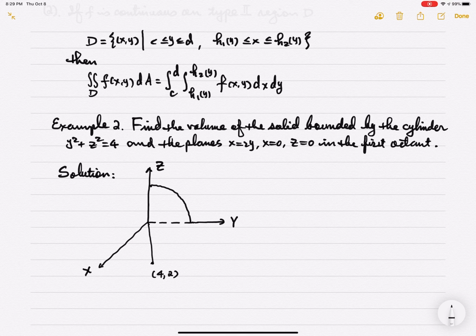Now you think about it. You have a vertical plane cutting the surface of a cylinder. So what are you going to have? We should be able to see this part, and when you cut that, you're going to have something like this.